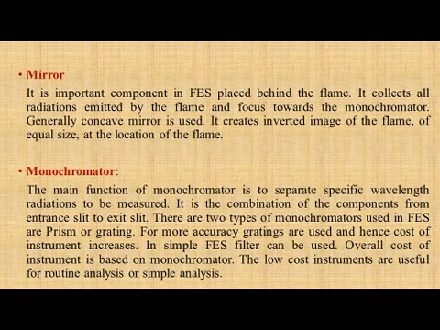In moderate price instruments, a prism is used as a monochromator. So the accuracy, precision and cost of the instrument totally depend on what type of monochromator is used in the flame emission spectrophotometer.